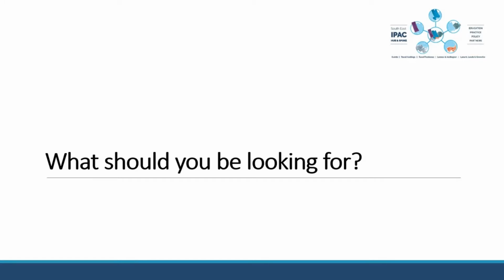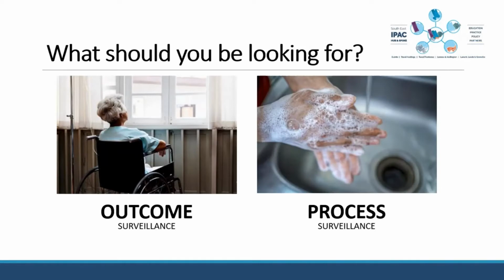Thank you, Kim. In this next section, we'll be looking at what you're looking for. On the next slide, the main types of IPAC surveillance are outcome surveillance and process surveillance. Both measures will reflect the efficacy of the IPAC program in protecting the residents and staff while decreasing costs from infections.